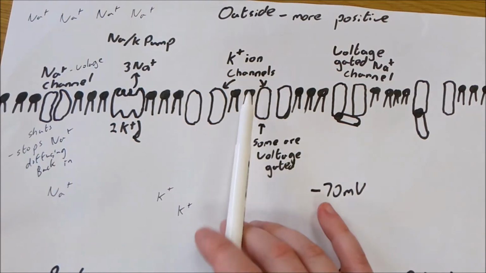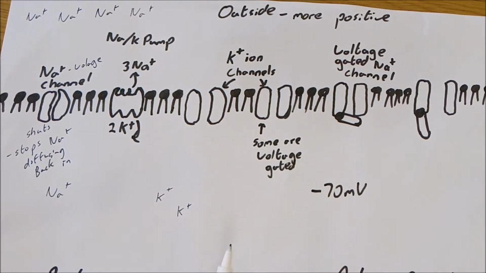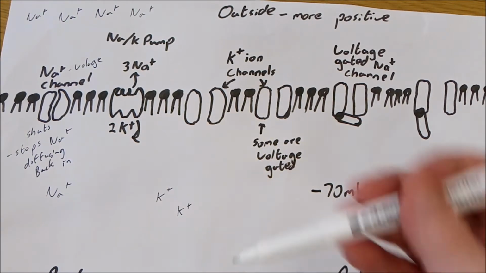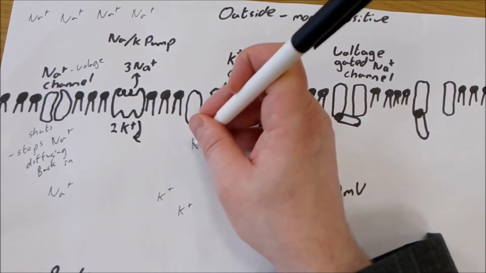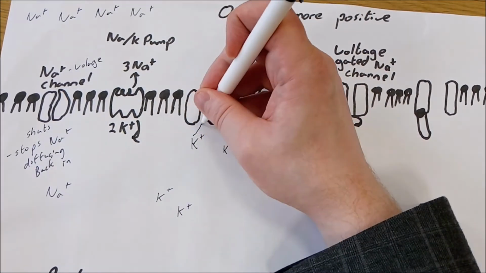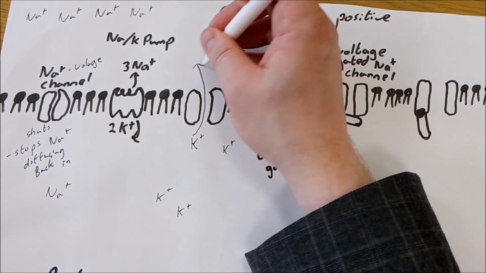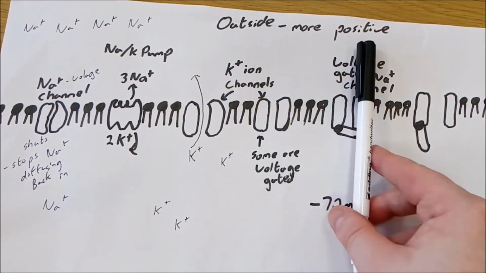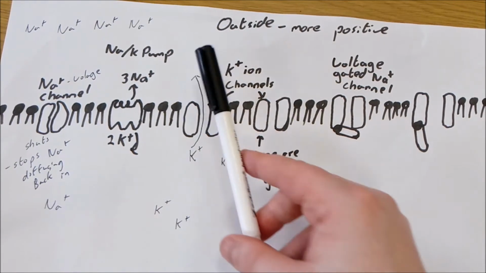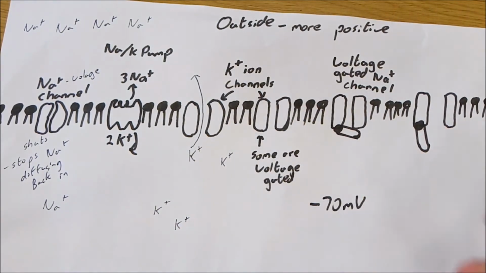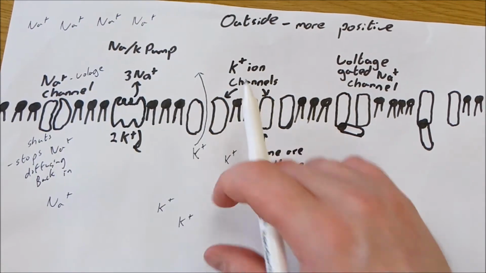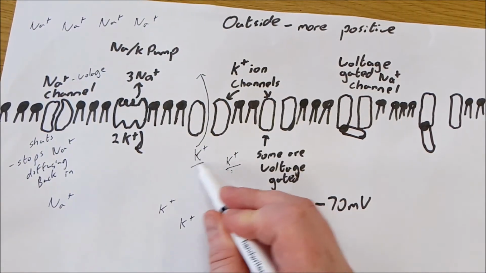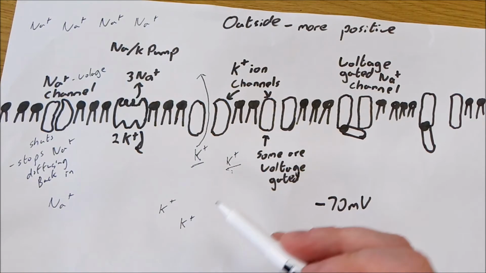The voltage gated potassium ion channels will open up, so that allows the potassium ions to diffuse back out to the outside of the membrane down that electrochemical gradient. So we're already lowering the amount of positives because we're getting rid of lots of these potassium ions from inside.